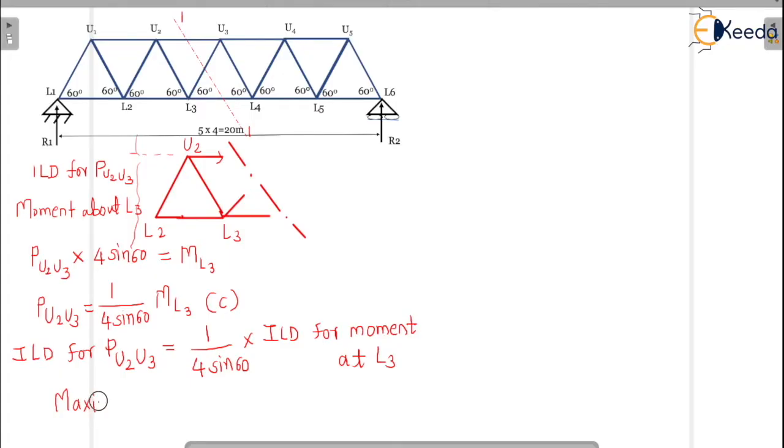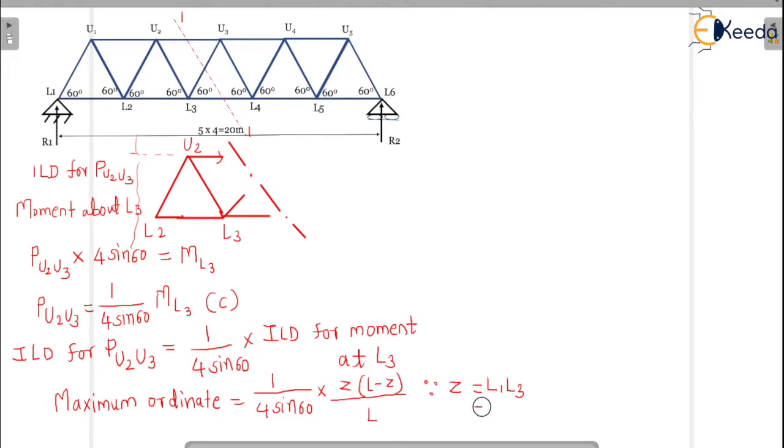So maximum ordinate is equal to 1 by 4 sine 60 into z into (L minus z) by L. Here z is nothing but our distance L1 to L3, which is 4 plus 4, so 8 meters. It is an 8 meter span.